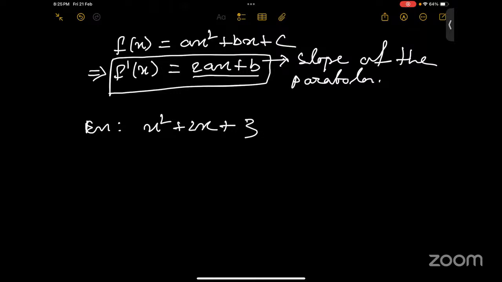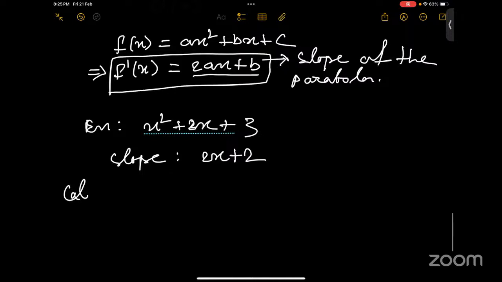And what will be the equation? 2x plus 2, right? We are doing differentiation. Also, the value of b is 2 here. So we will get 2x plus 2, right?